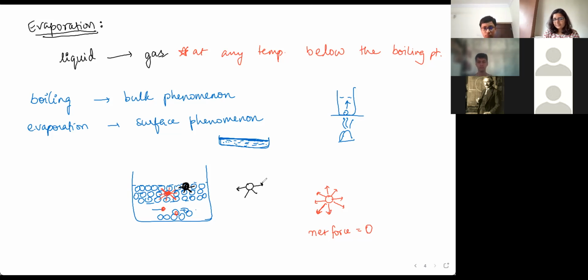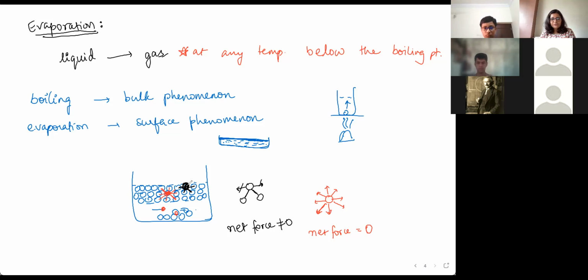Let's say side by side ye to cancel ho gaya, but we still have forces on this and this side and this side, no, the particles that are niche, which means the net force on particles on the surface is not equal to zero.